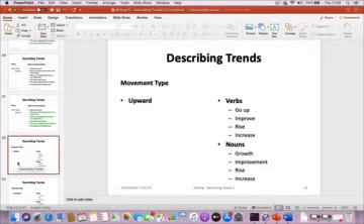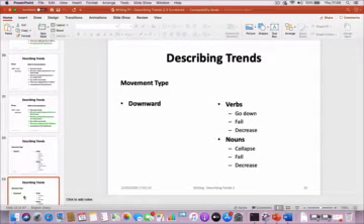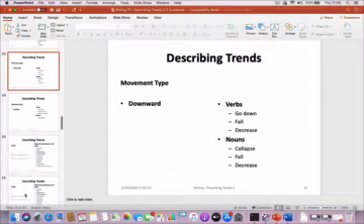There are many verbs and nouns to describe upward movements. Here are just some of them. We have verbs: to go up, to improve, to rise, to increase. Nouns can be growth, improvement, rise, increase. Downward movement.